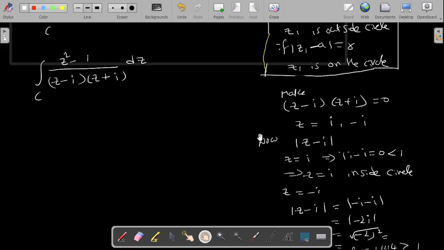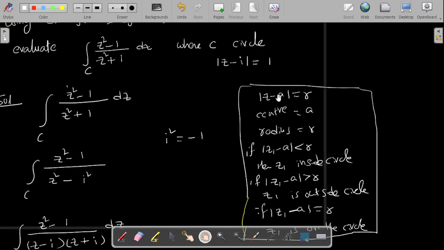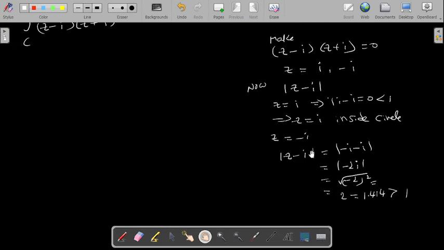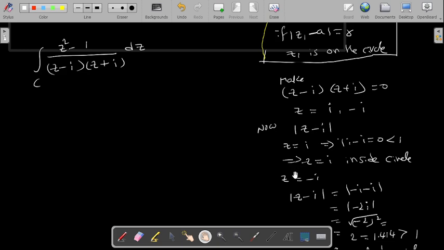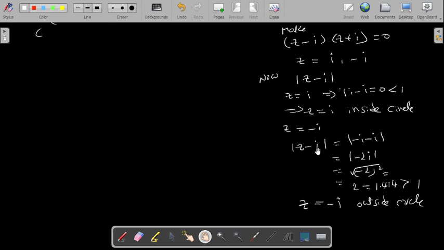Our radius is 1. So you got mod z minus i value 1.414, which is greater than 1. That means z equal to minus i is outside the circle. So z equal to i is inside the circle, z equal to minus i is outside the circle.